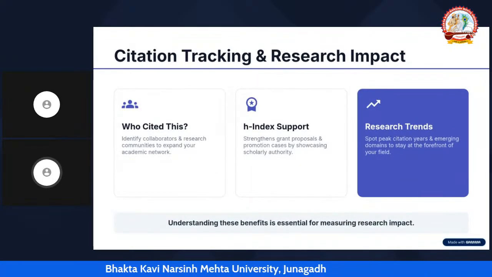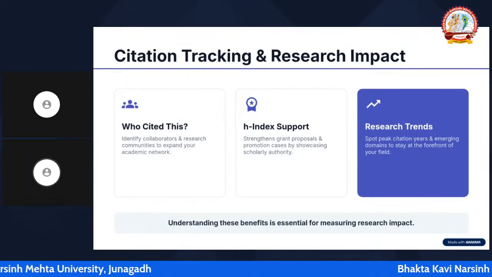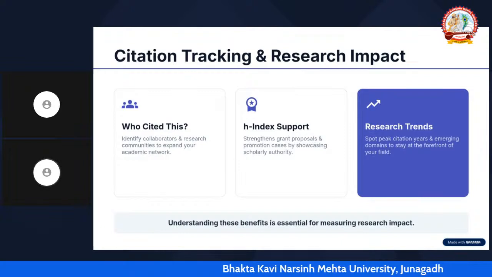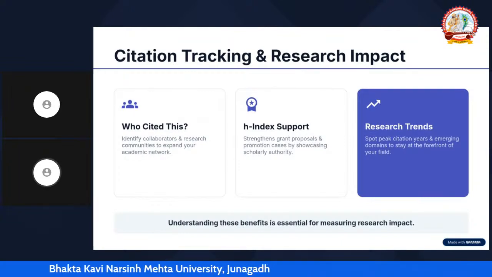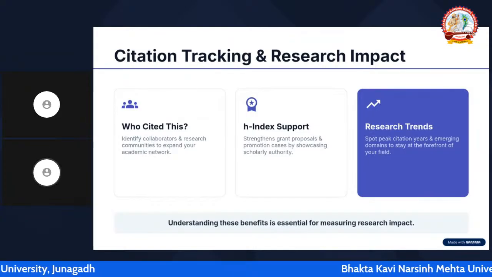Now, citation tracking as well as research impact, through which we can also identify the data set. Who has already cited this particular journal? We can also identify reputed institutions, like IITs or IIMs in the Indian sector.